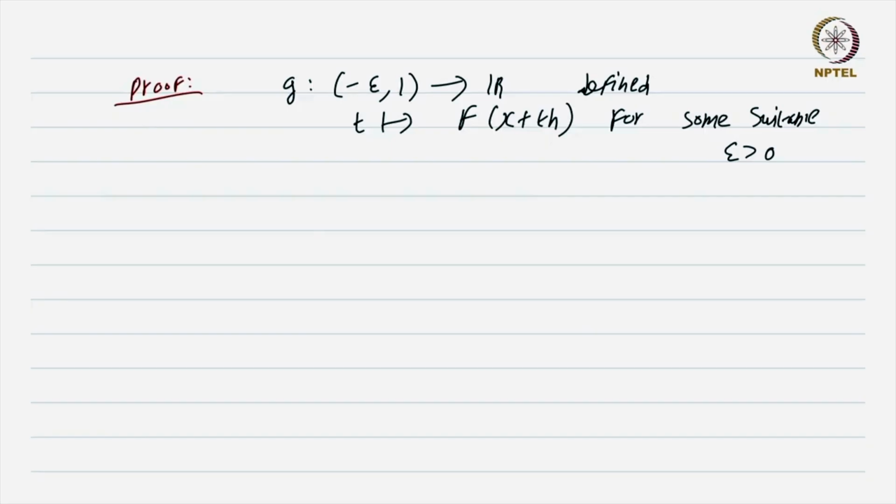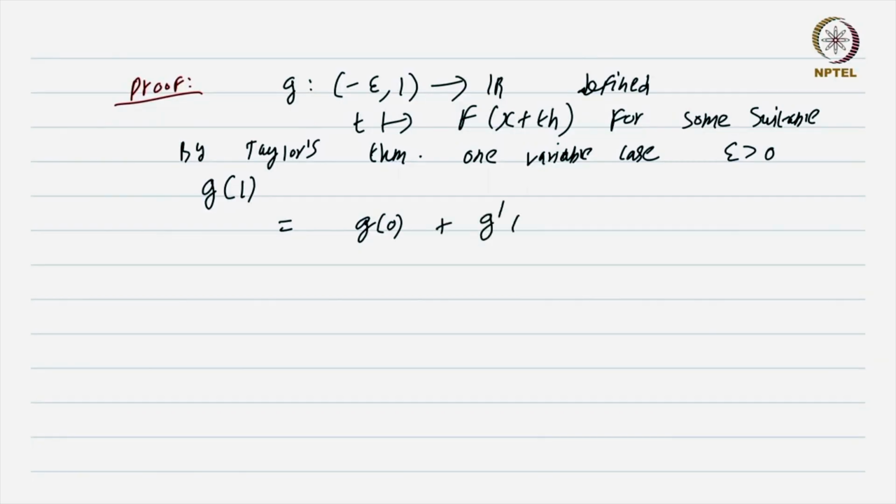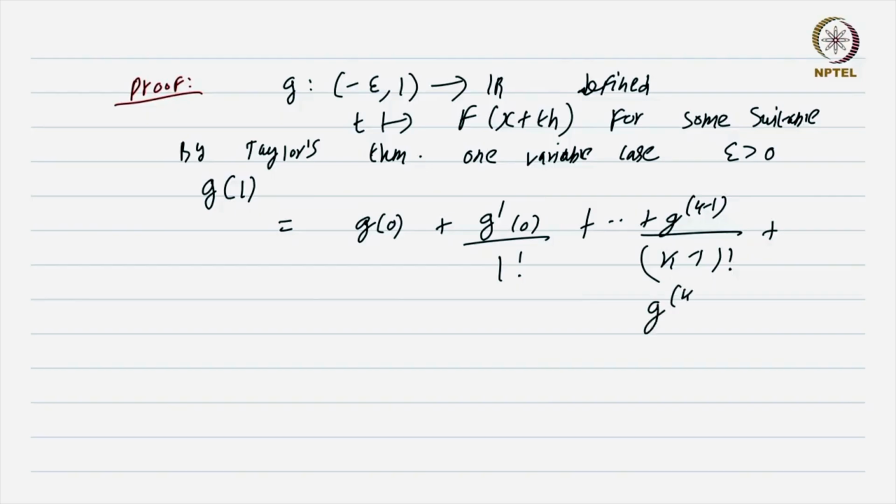Then usual Taylor's theorem gives g(1). So by Taylor's theorem, one variable case, we get g(1) is nothing but g(0) plus g'(0)/1 factorial plus dot dot dot, g^(k-1)(0)/(k-1) factorial, plus g^(k)(t_0)/k factorial, where t_0 lies in (0, 1).